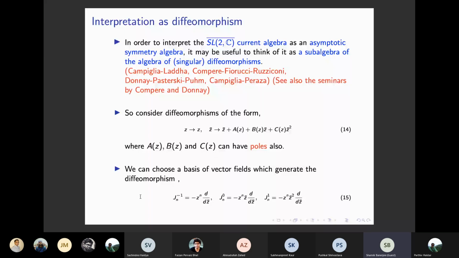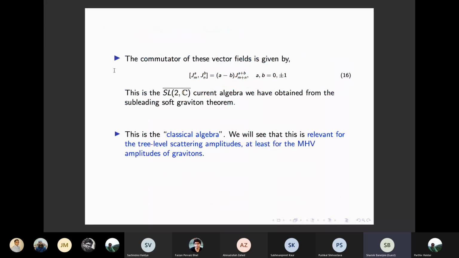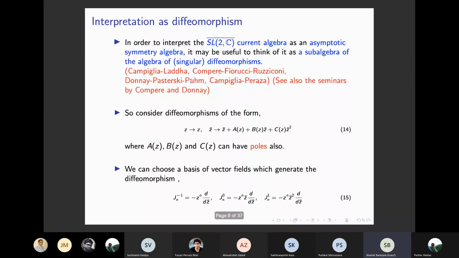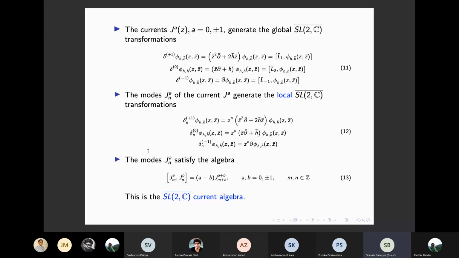And so now what we can do is that we can choose a basis of vector fields which generate this diffeomorphism, and they can be written in this form. So j minus 1n, j naught n, and j1n of this form. And then what you can easily check is that the commutator of these vector fields is the same as the SL2C bar algebra which we had here.